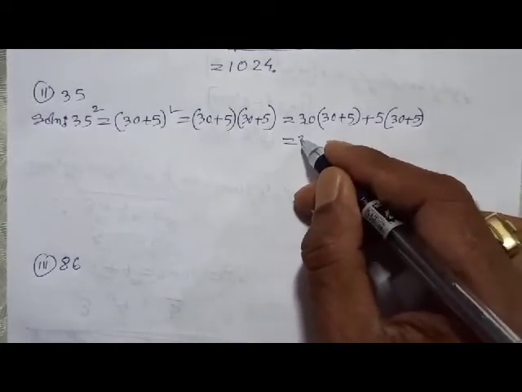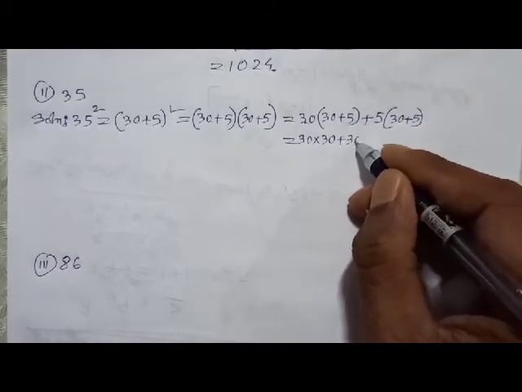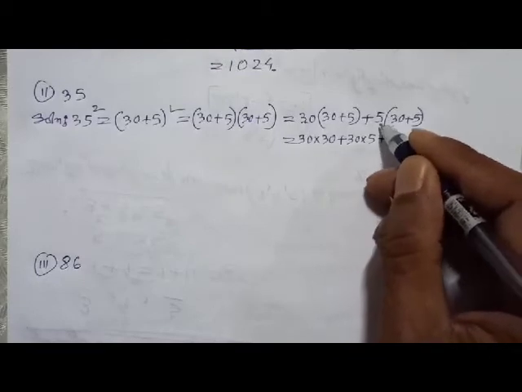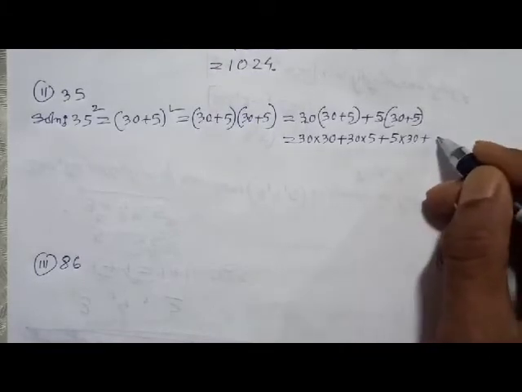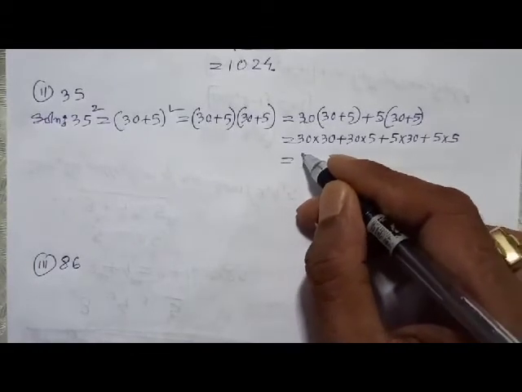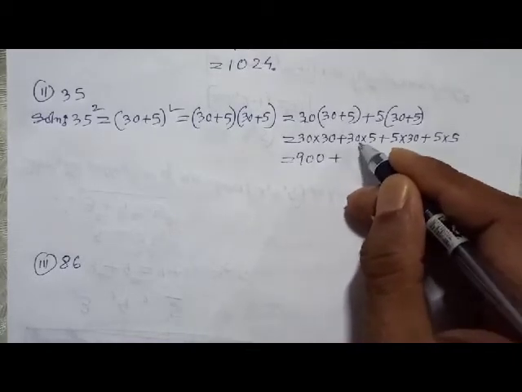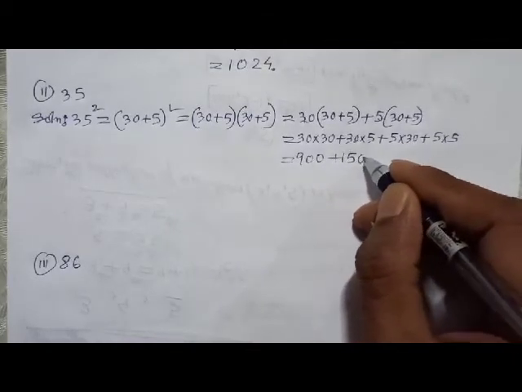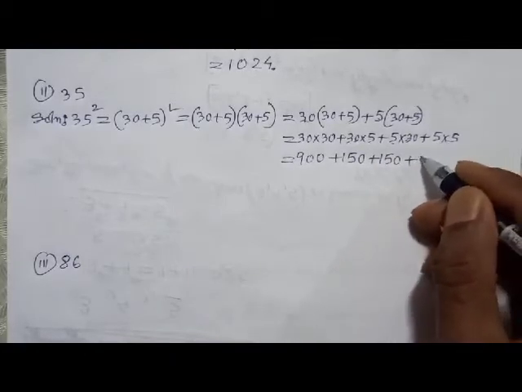30 into 30, 30 into 5, 5 into 30, 5 into 5. 30 into 30 is 900, 30 into 5 is 150, 5 into 30 is 150, 5 into 5 is 25.